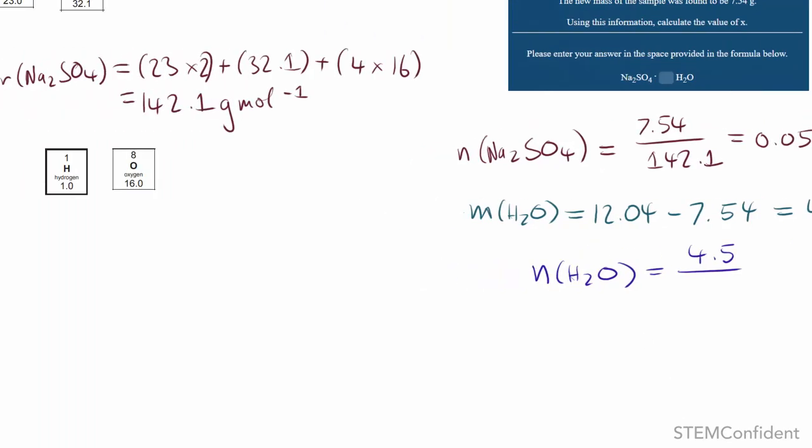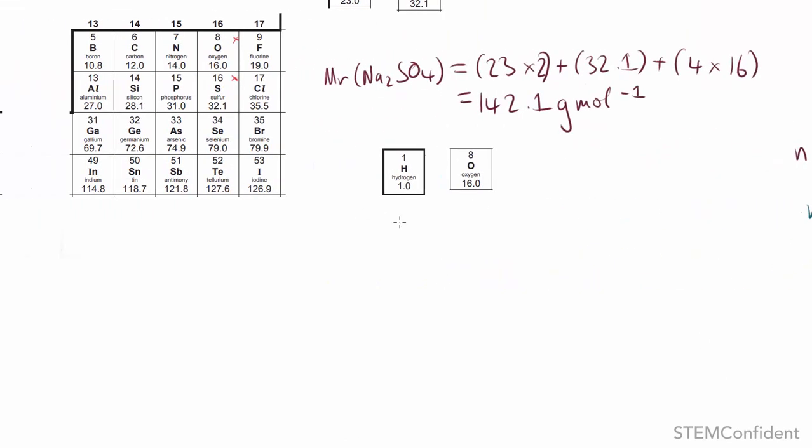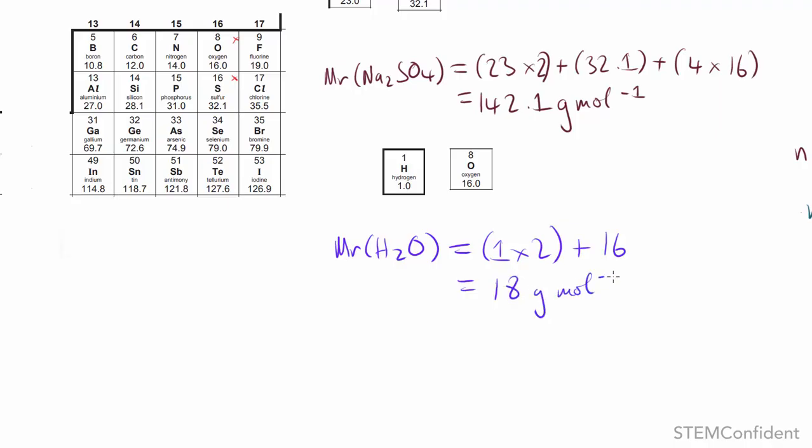So if you look to the periodic table, you've got the hydrogen and oxygen. So this H2O, so let's say, well, the molar mass for H2O is going to be effectively hydrogen times 2, 1 times 2, plus the relative atomic mass for oxygen, 16, which gives us 18, right? And that's going to be in grams per mole, right?